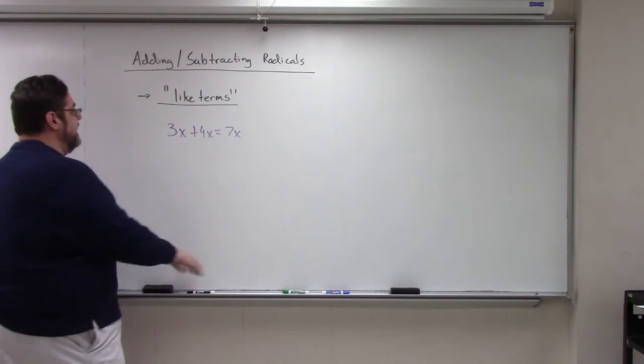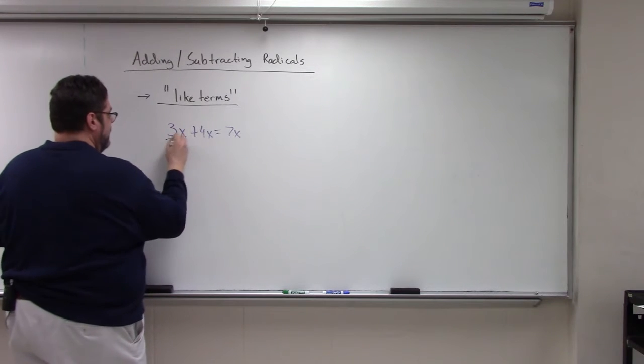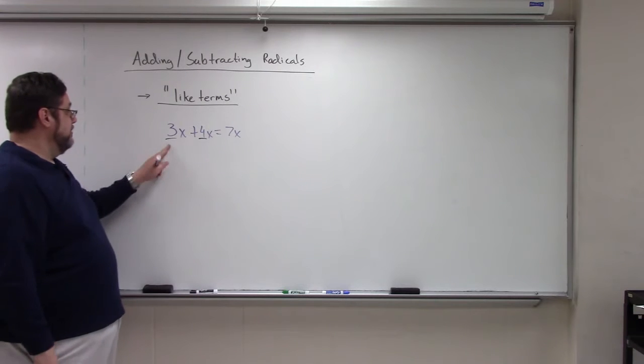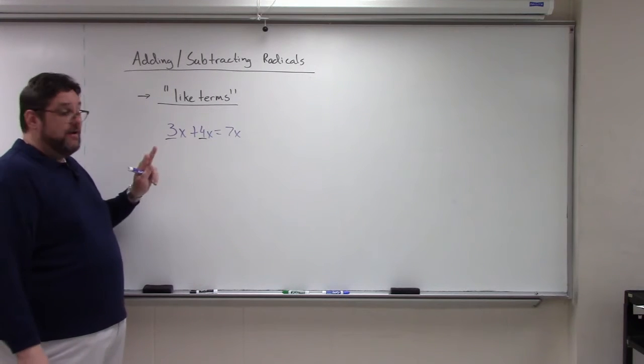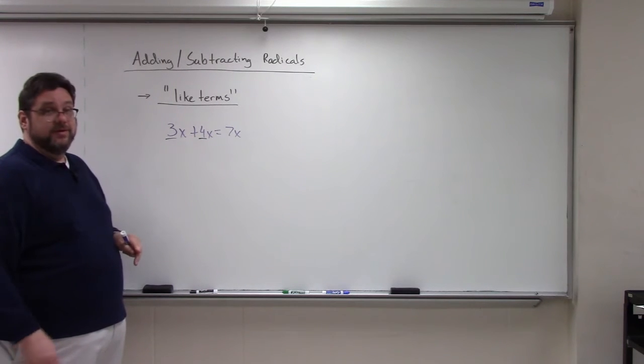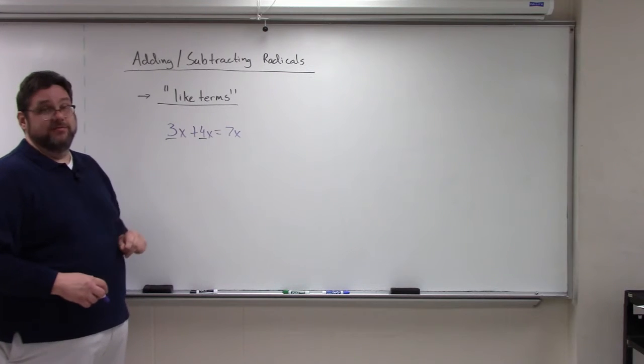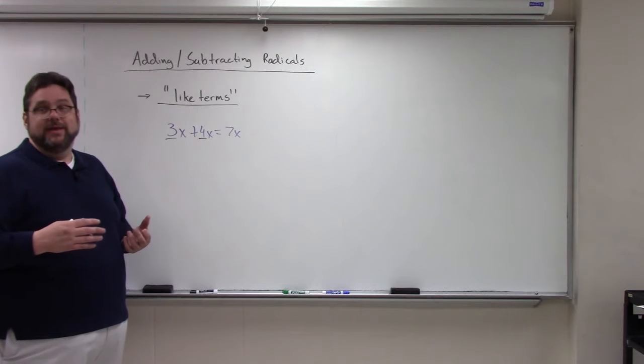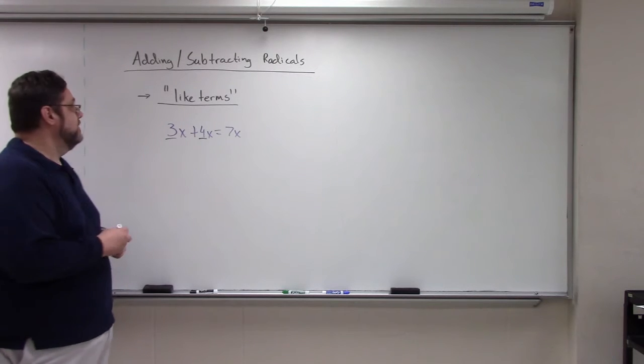I'm just adding the numbers in front, remember? We don't do anything with the x's. And the way you can think about it is I have 3 of these, and now I have 4 more of those. So altogether, I have 7 of those. And that may be a real non-technical way of thinking about it, but that's exactly what it means.